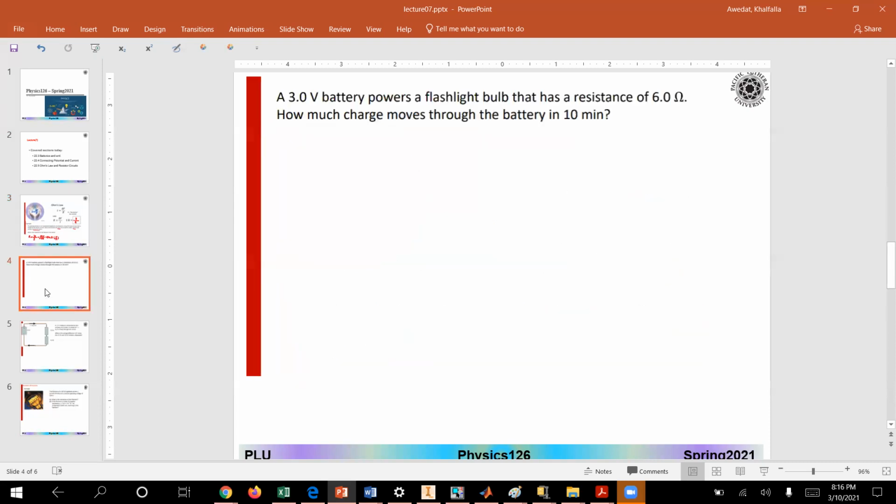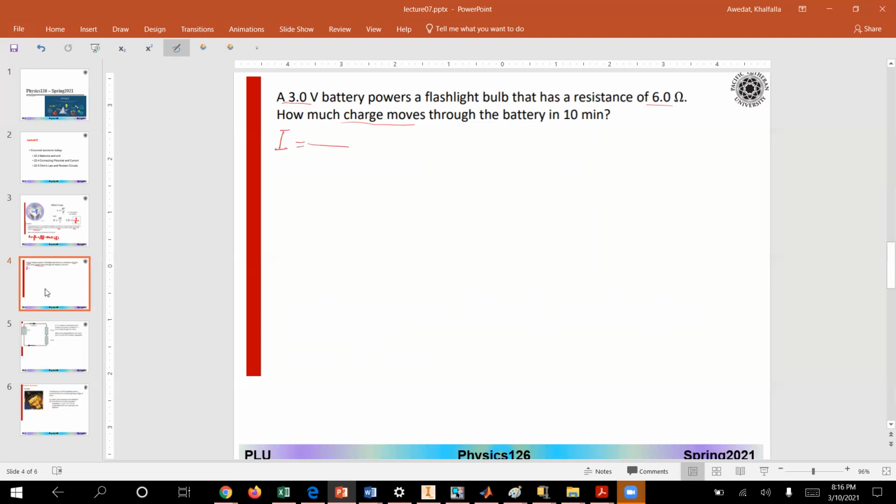The second example is a battery used for a flashlight bulb. The flashlight is 3 volts, and the resistance is 6 ohms. The question asks for the charge that moves. As mentioned before, charge moving means current.